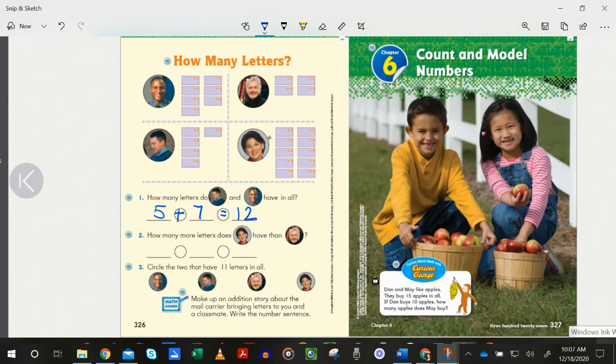Okay. How many more letters does she have than the fireman? So if we're comparing more than, and we already know how many she has, and we know how many he has, and so we're just comparing those two numbers, we are going to use subtraction. Okay, so we're looking at her first. How many does she have? Look, think, speak. 10, good.